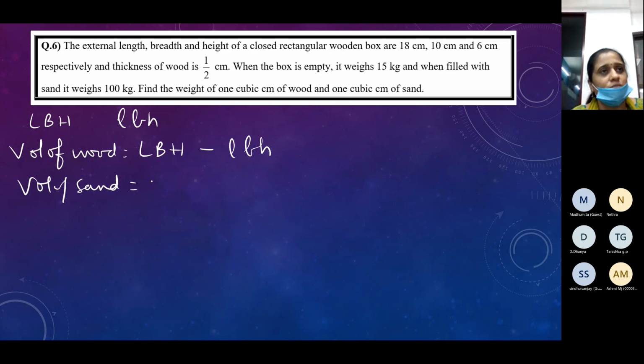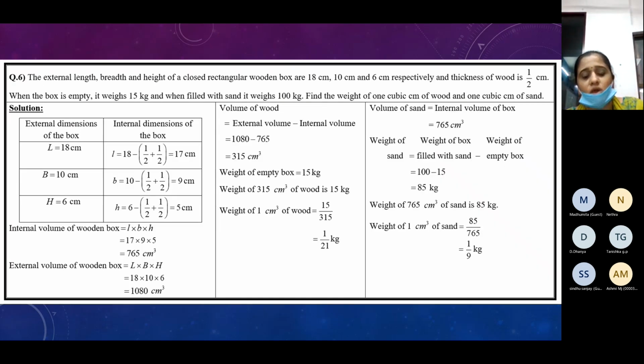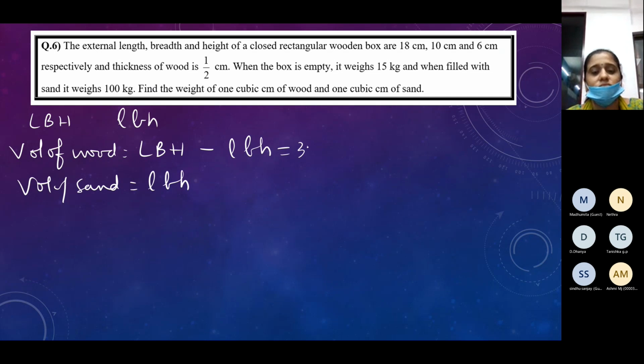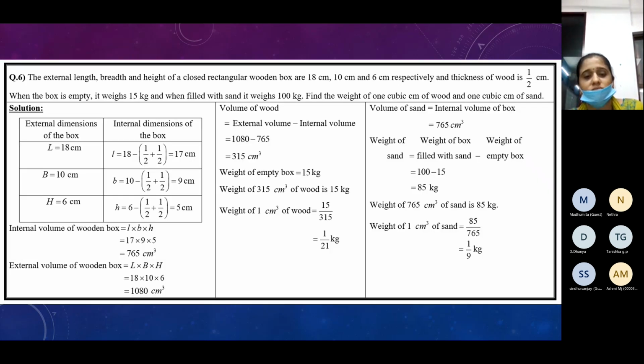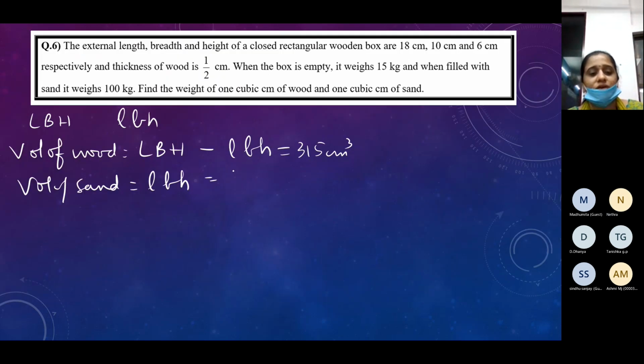Only the internal volume. Volume of sand is only the internal volume. Volume of wood is external volume minus internal volume. So what's the volume of wood? 315. And what's the volume of sand? 765.